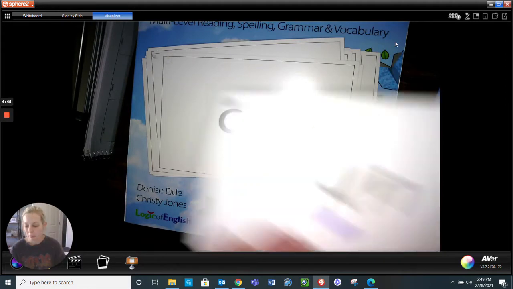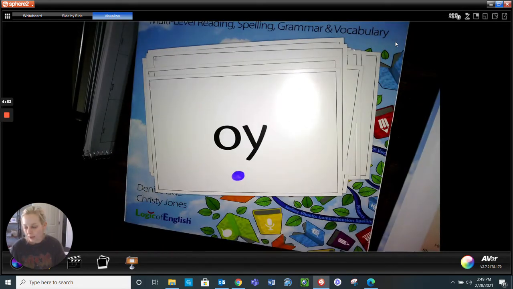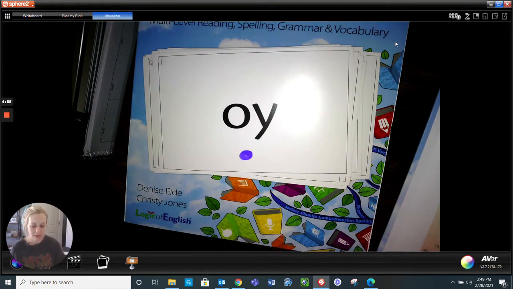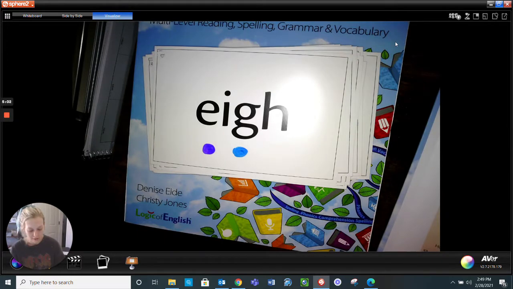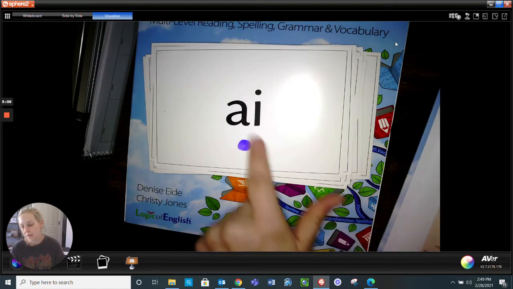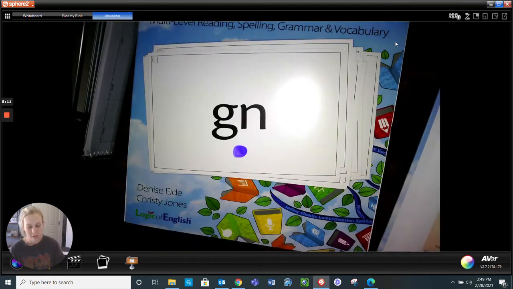C, 2-letter n used only at the beginning of a base word. Oi, 2-letter oi may be used at the end of English words. A-I, A, two-letter A, may not be used at the end of English words. N, two-letter N, used at the beginning or the end of a base word.